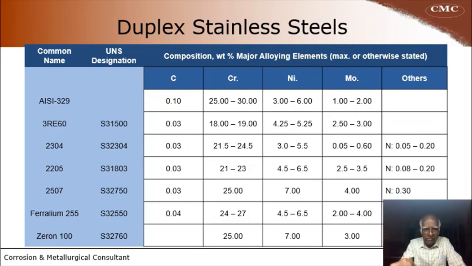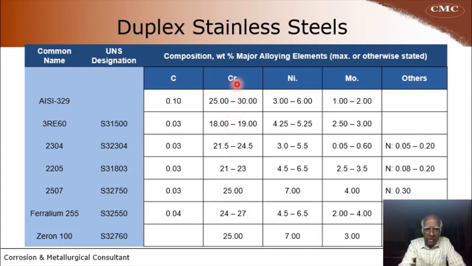These are the common duplex stainless steels available and presently used for various applications. One can notice that nickel content is very low compared to normal austenitic stainless steels. That is why it has become cost effective, and the chromium content is higher than the normal stainless steel.